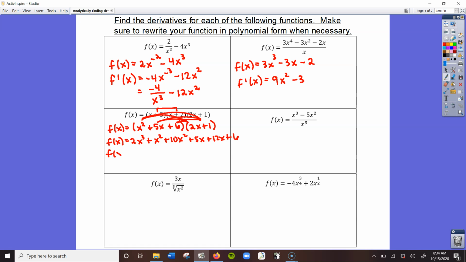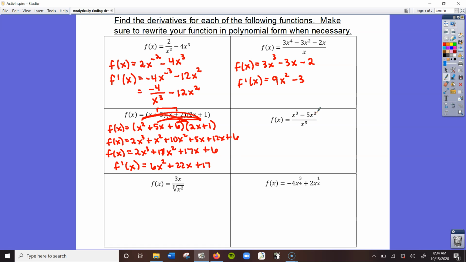And now finally I combine my like terms. So 2x to the third plus 11x squared plus 17x plus 6. And now I'm ready to find the derivative, which would give me 6x squared plus 22x plus 17.